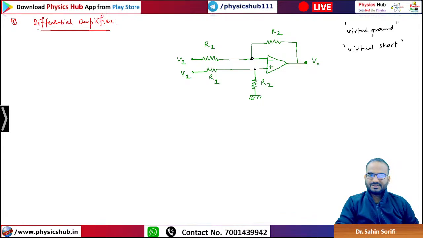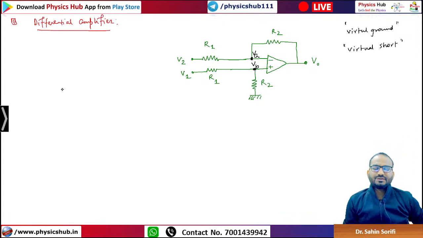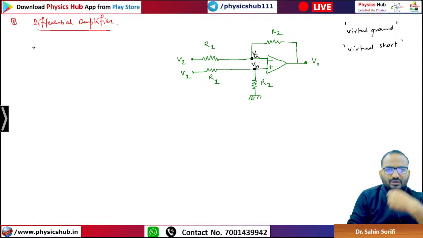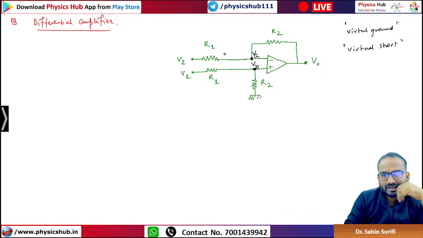So because of this, if I consider that this point is A, this point is B, because of the virtual short property, voltage at A will be equal to voltage at B. So you see what will be the current through this path.